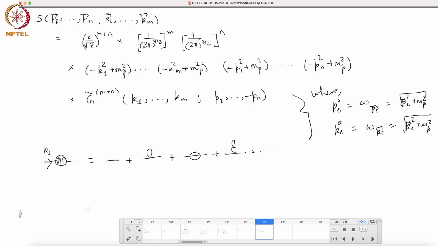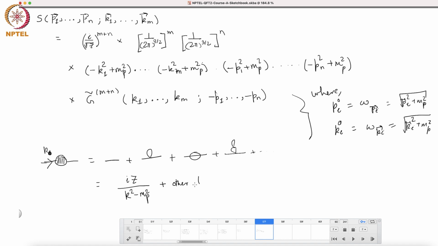And when you look at this 2-point Green's function, its behavior is given by this. Let's call it k, not k1, plus other terms.